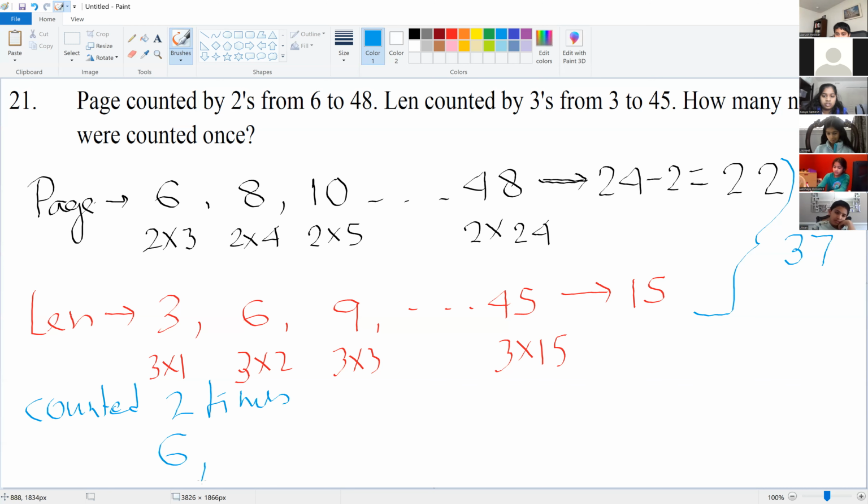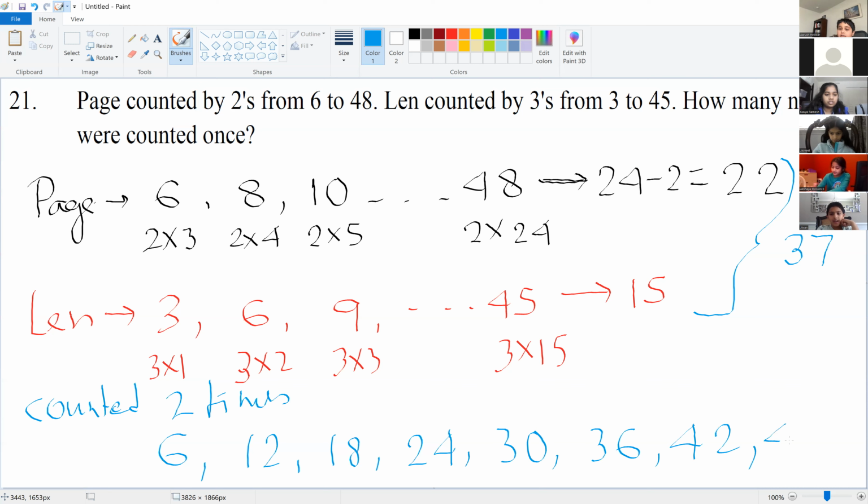What will be the next number counted twice? 12, 18, 24, 30, 36, 42. 48 is not doubled because Lean only goes 3 to 45, not 3 to 48. Correct.